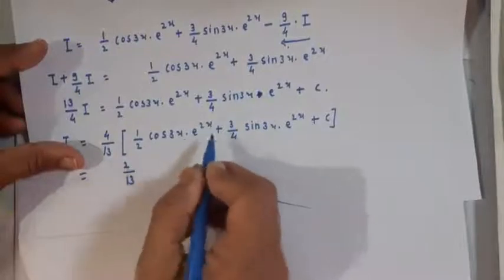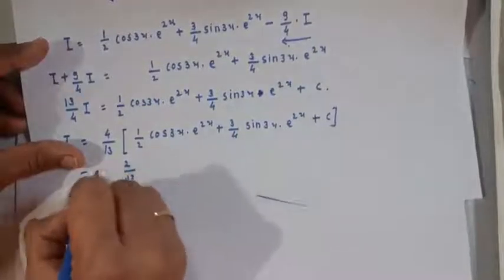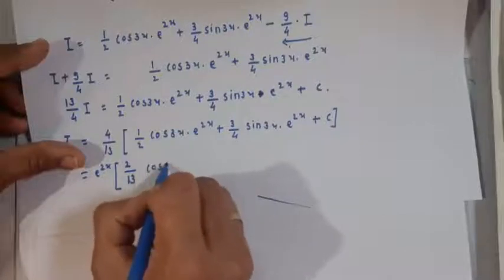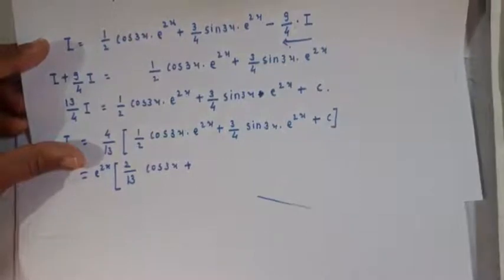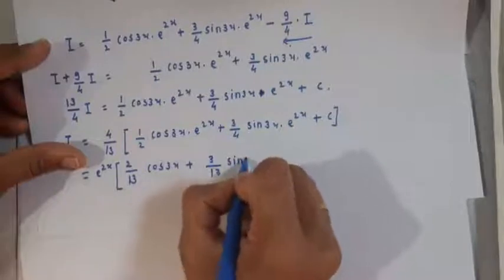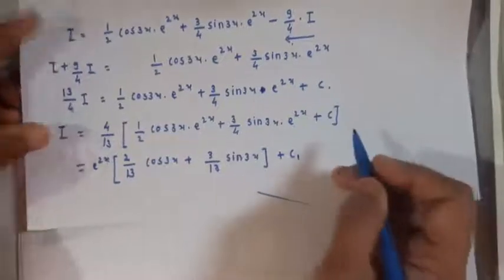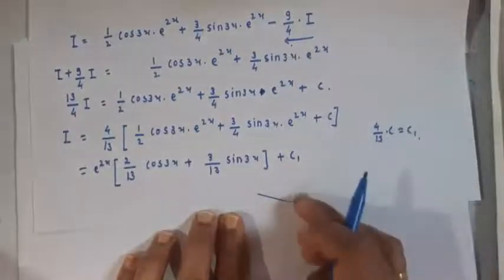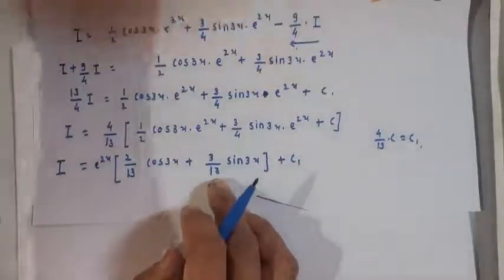So e raised to 2x we can common out, 2 by 13 cos of 3x plus 4 will get cancelled, and that is 3 by 13 sin of 3x, and plus 4 by 13 into c, that is c1. Okay, where 4 by 13 into c, that is c1, and this is the integration of the given function. In this way we have to solve.